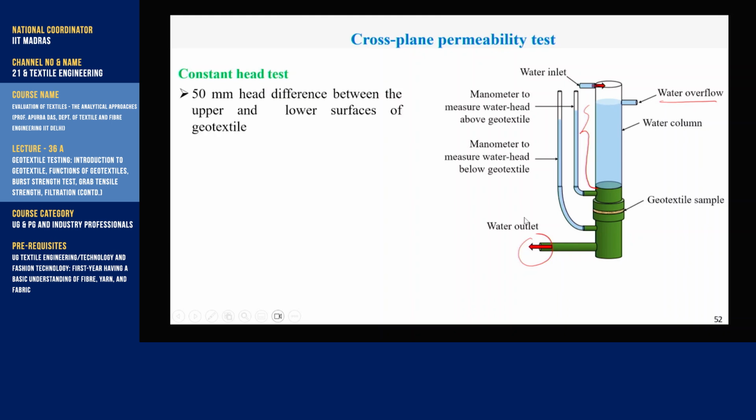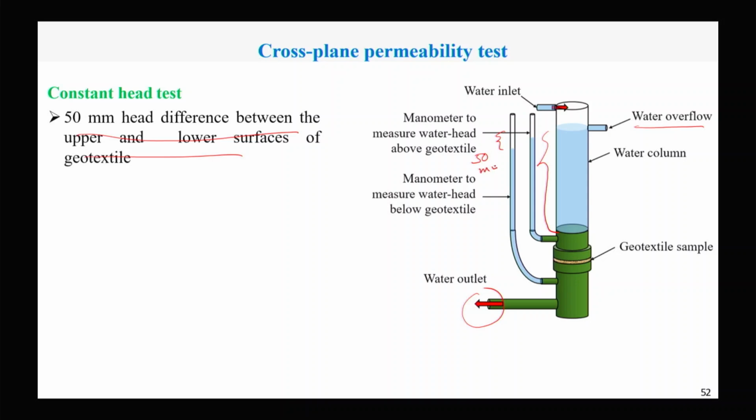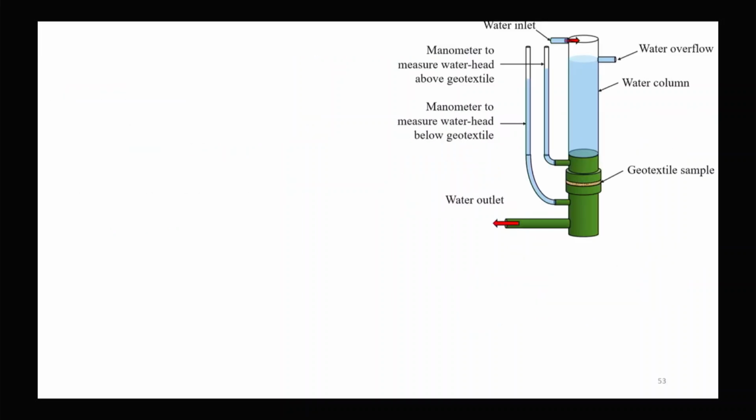So here we can maintain a 50 millimeter head difference between the upper and lower surface. At that particular head difference, through the opening of 25 millimeter diameter, we measure how much water is flowing.